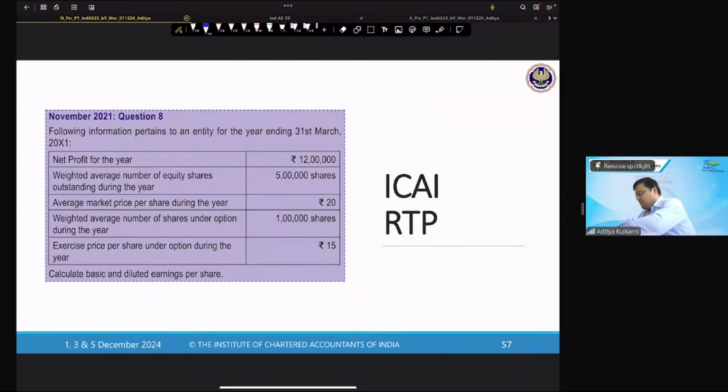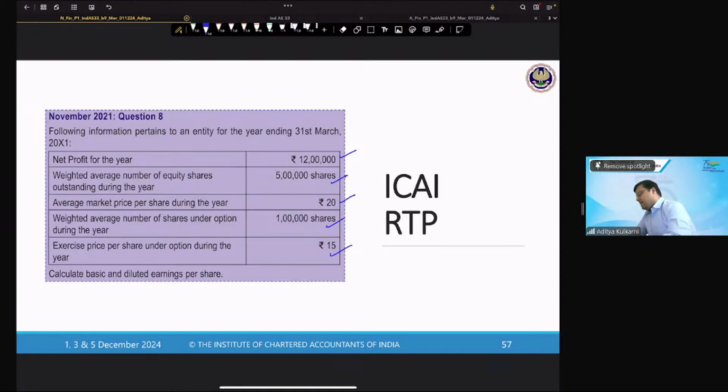Acha. You have this RTP question, which is again very simple. You don't really need my intervention. Following information pertains to an entity. Net profit 12 lakhs. Weighted average number of shares outstanding 5 lakhs. Average market price is 20. Weighted average number of shares under option 1 lakh. Exercise price per share under option 15.